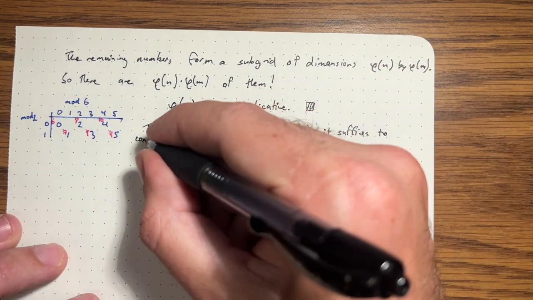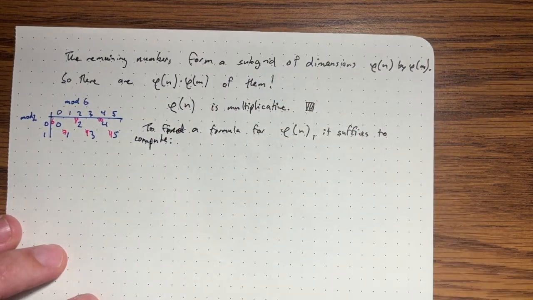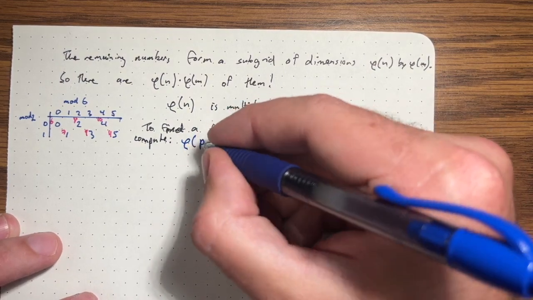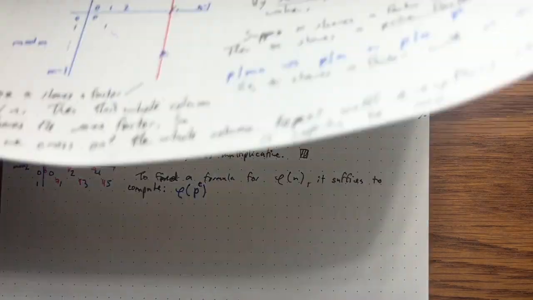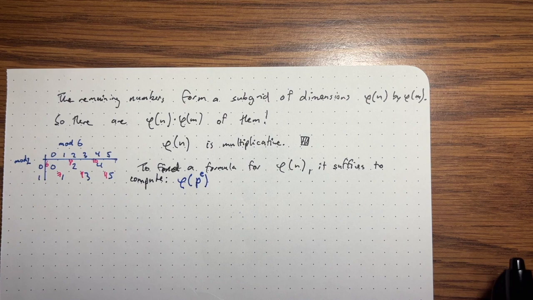to compute the following. We need to be able to compute phi of a prime power in general. Not just a prime, but a prime power. We know how to compute it for a prime, right? It's just going to be 1 less than p. But we need to be able to compute it for a prime power.